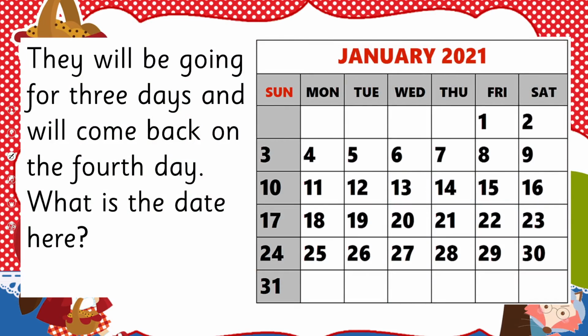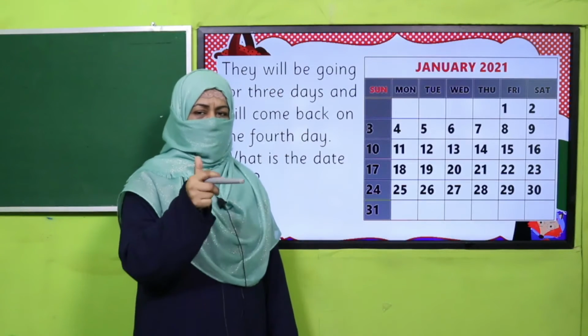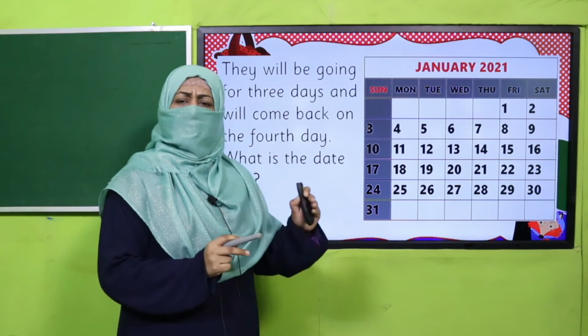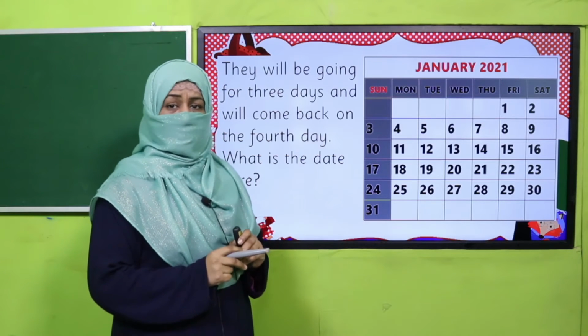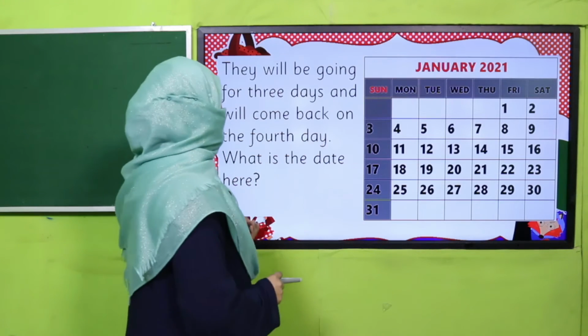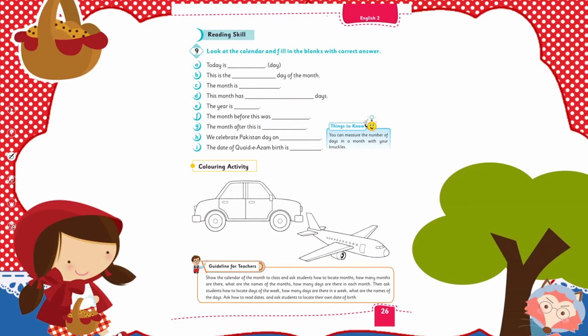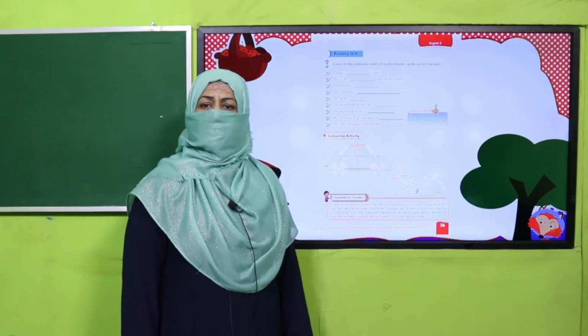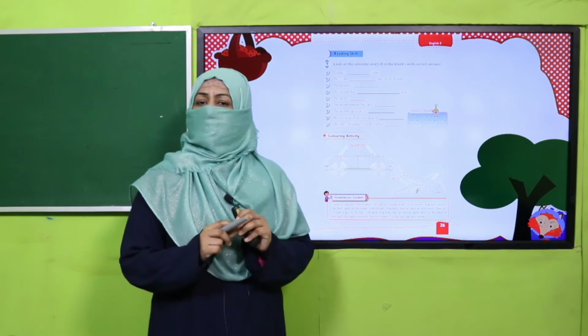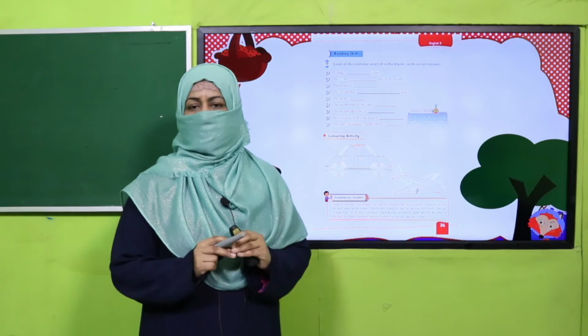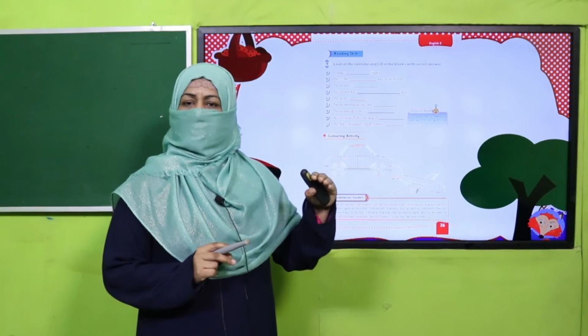Yes, my dear students, did you do this activity? Good job. Now, can you locate different dates and different days in the calendar? Good, that's fine. This is what we were going to do. Here is an activity in your book, and before going to the book, teacher, I would suggest you place a calendar and give a specific time to students, maybe before school time or in their break time.